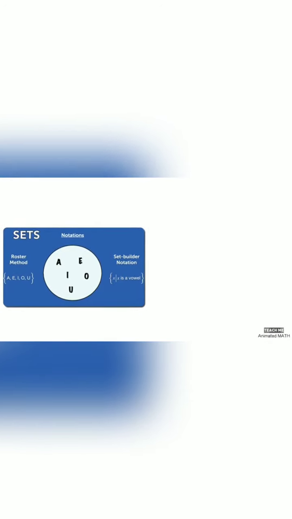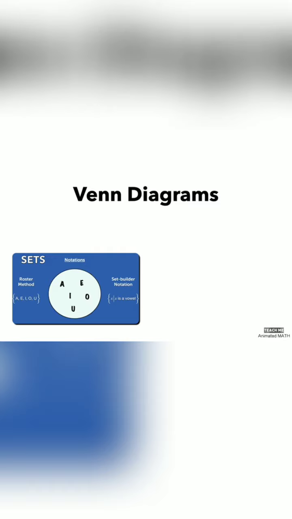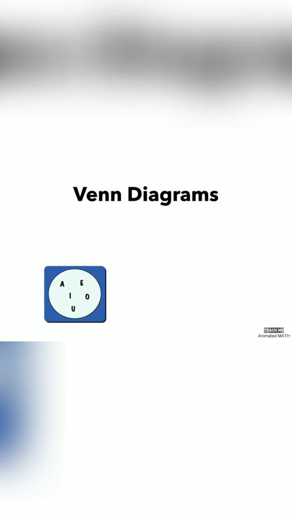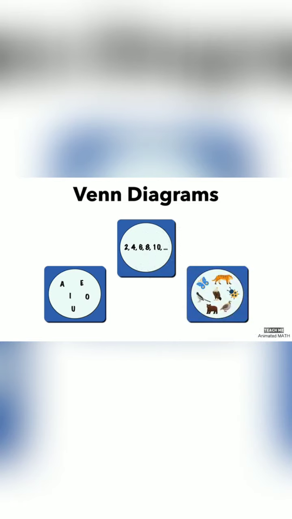Sets can also be shown using Venn diagrams. A Venn diagram is a drawing that uses closed curves or shapes to represent a set. Circles are often used. In the set of real numbers video, we used circles and rounded rectangles.